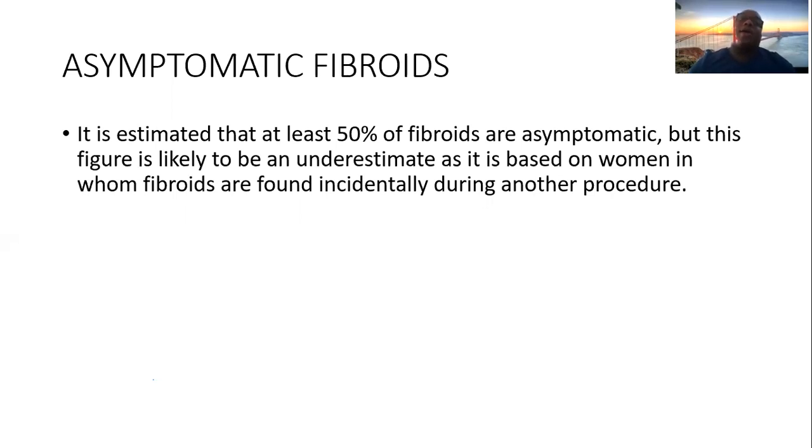So we have what we call asymptomatic uterine fibroids. It is estimated that at least 50% of uterine fibroids are asymptomatic, and these fibroids usually are found as incidental findings, for example when the woman was doing an abdominal scan due to something else, but we discover that they have uterine fibroids.